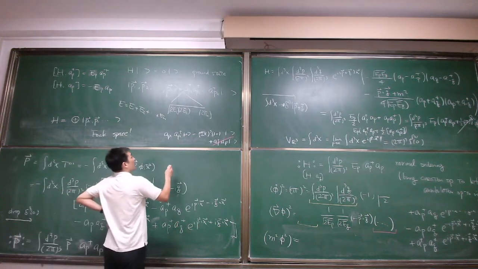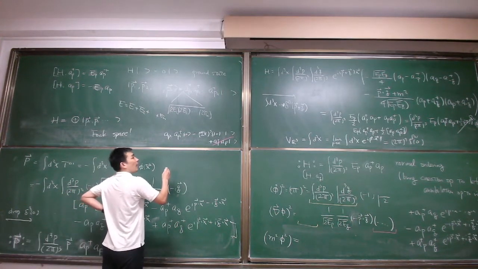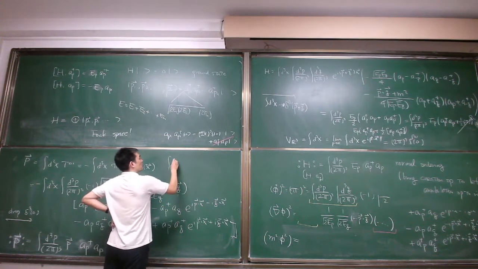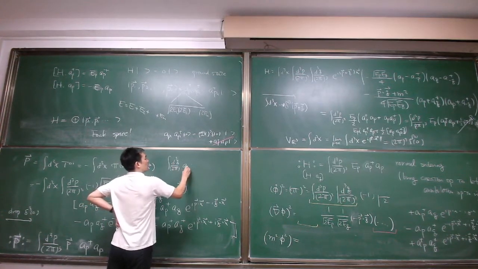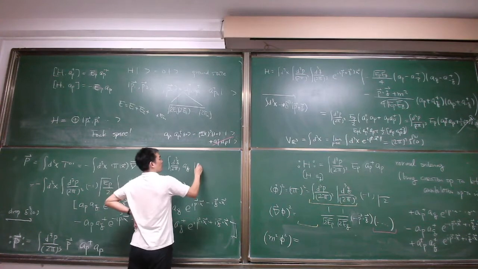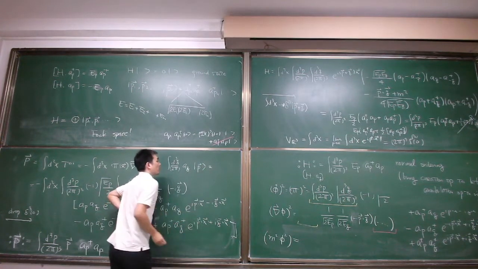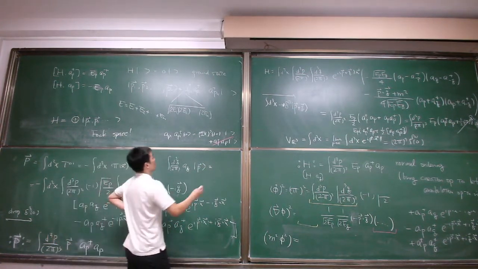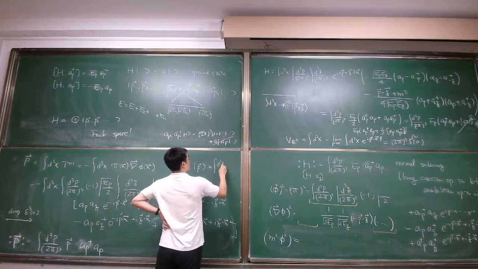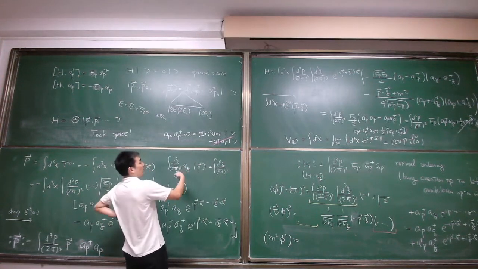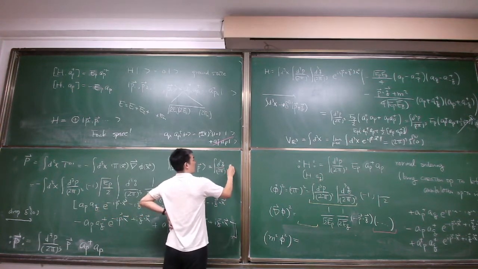The way I would act is, acts on this P state, then what you get is essentially the Q 2 pi of Q, and the A and A dagger will give you 2 pi.